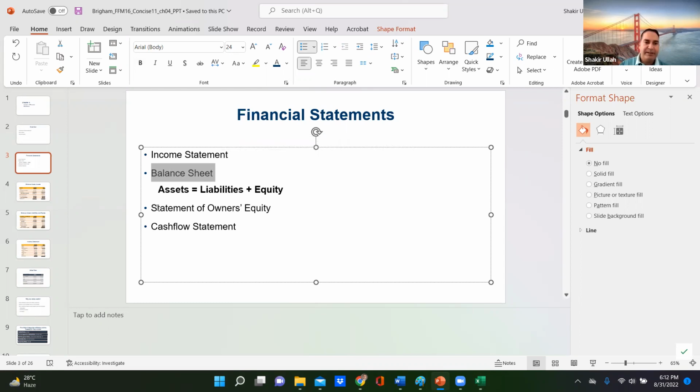Okay, the next statement is the statement of owner's equity. This is basically a detailed account of this equity, the owner's money in the business. But when we write it down on the balance sheet, we just write it maybe in two numbers, or maybe just one number. We just write owner's equity on the balance sheet, just one account. But where is it coming from? There will be different types of owner's equity.